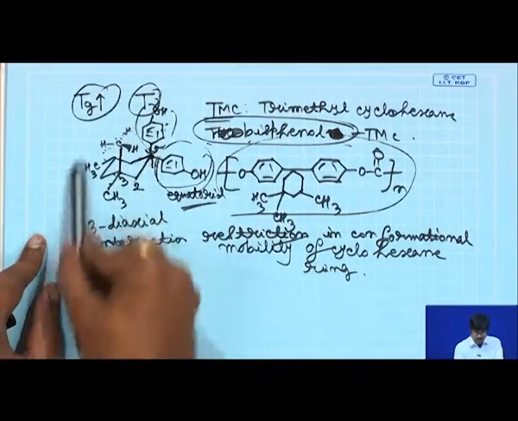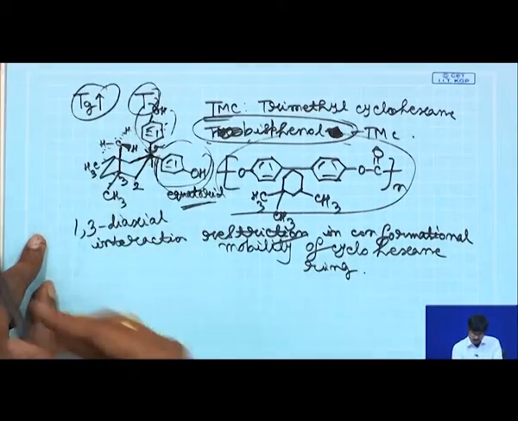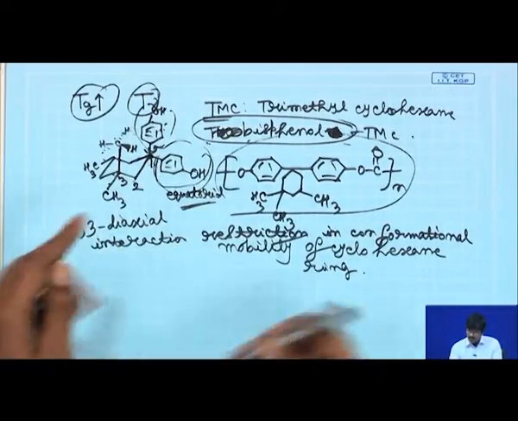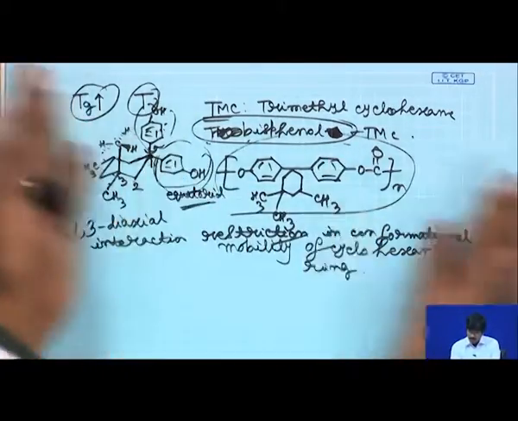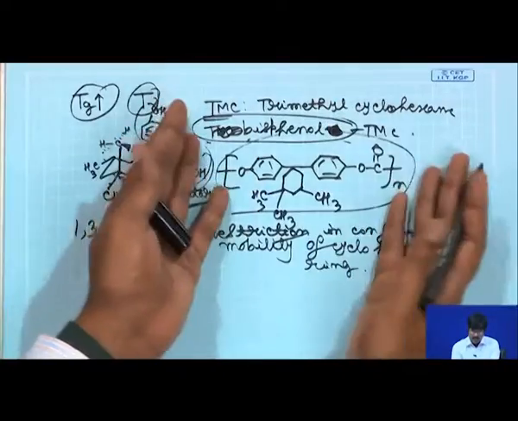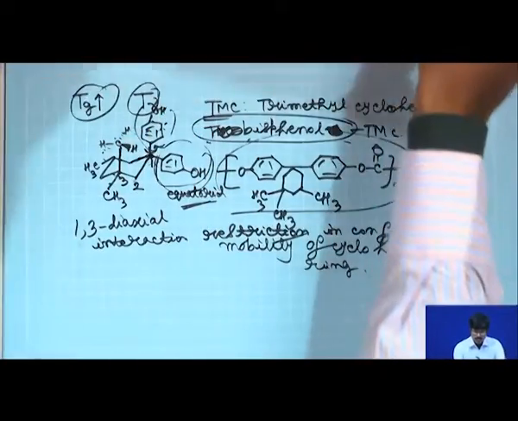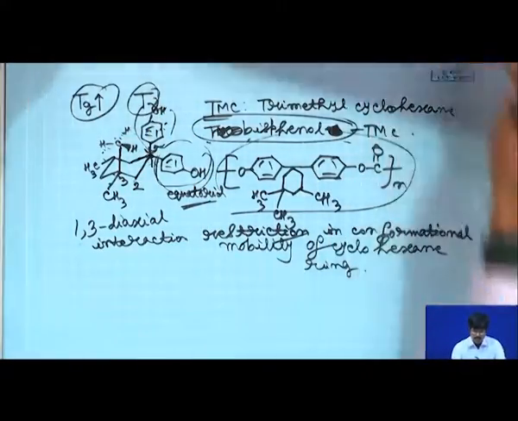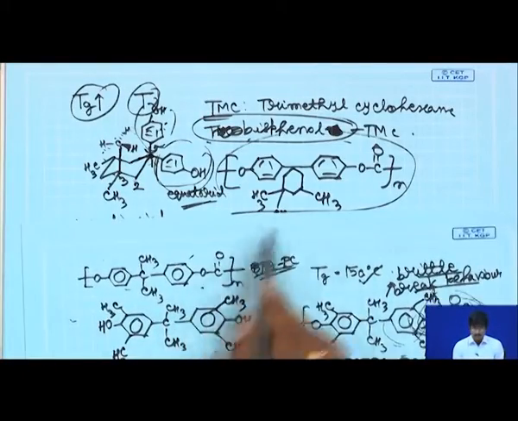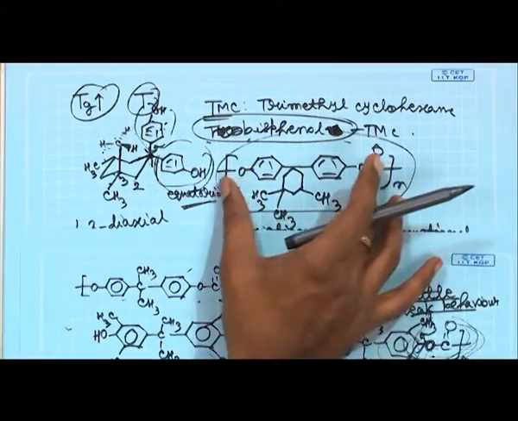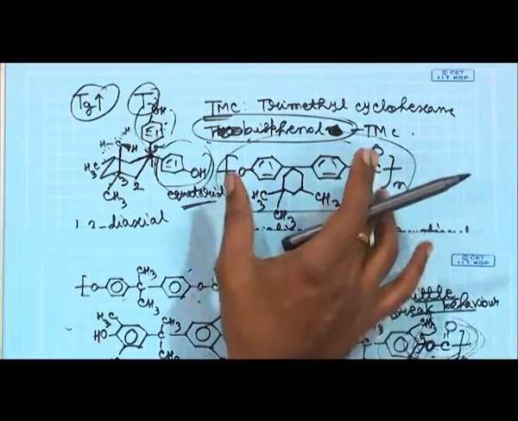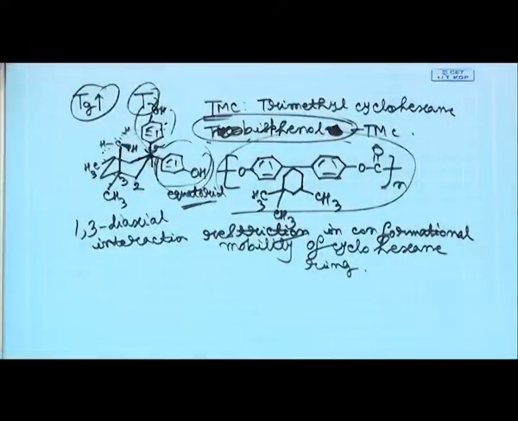Secondly, the cyclohexane mobility is also restricted, conformational mobility. That is the reason why you will have more rigidity introduced into this system as compared to your typical bisphenol A. If you compare this with this material, this will become more rigid, and that is why the Tg or the glass transition temperature will also go up.